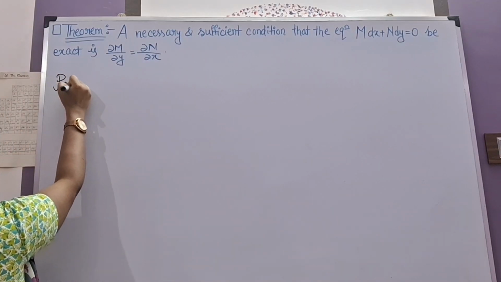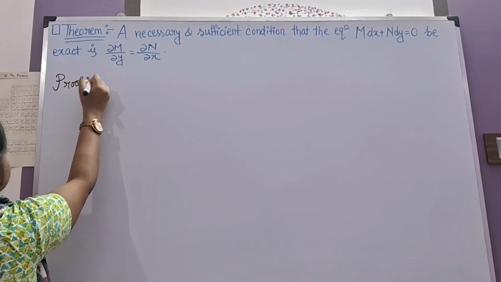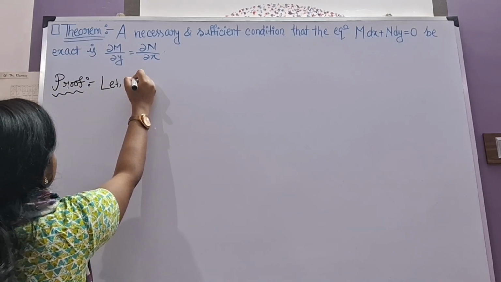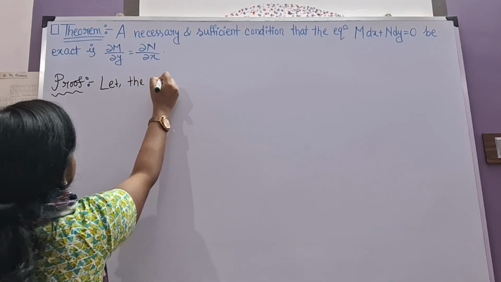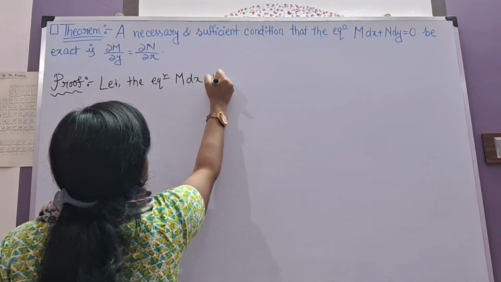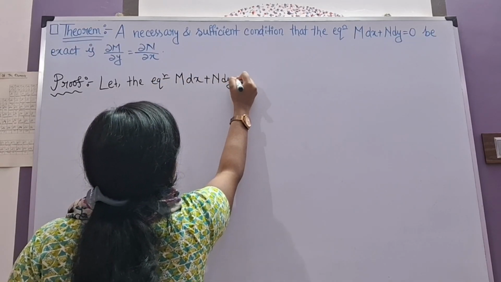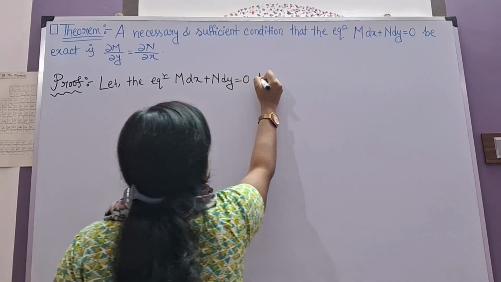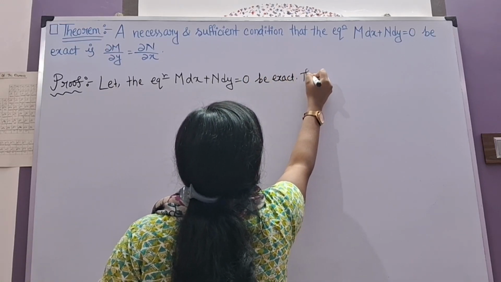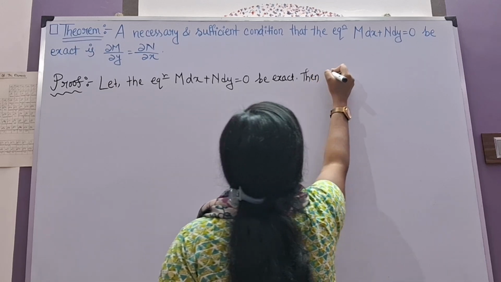Now we are going to prove this theorem. So let the equation M dx plus N dy equal to 0 be exact. Then what will happen?